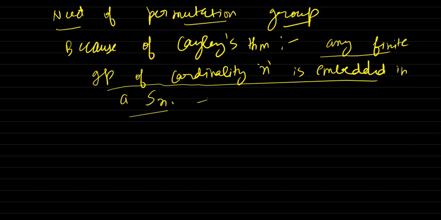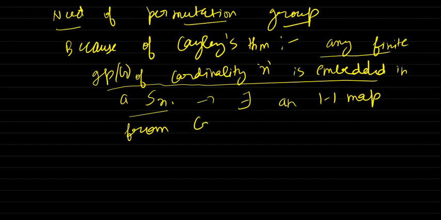It means that there exists a 1-1 map. Suppose that the group is G, and there exists a 1-1 map from G to S_n such that the map is a homomorphism. So this is the statement of Cayley's theorem.